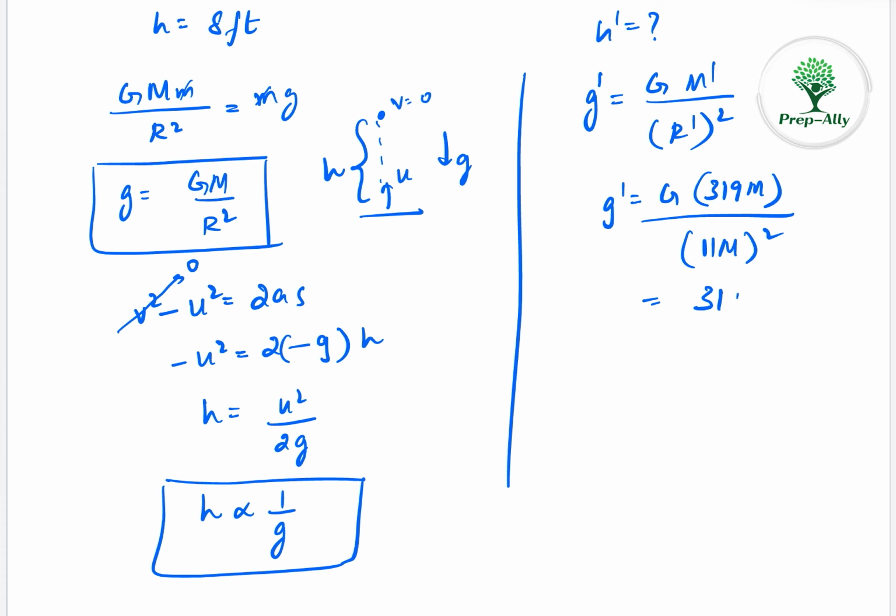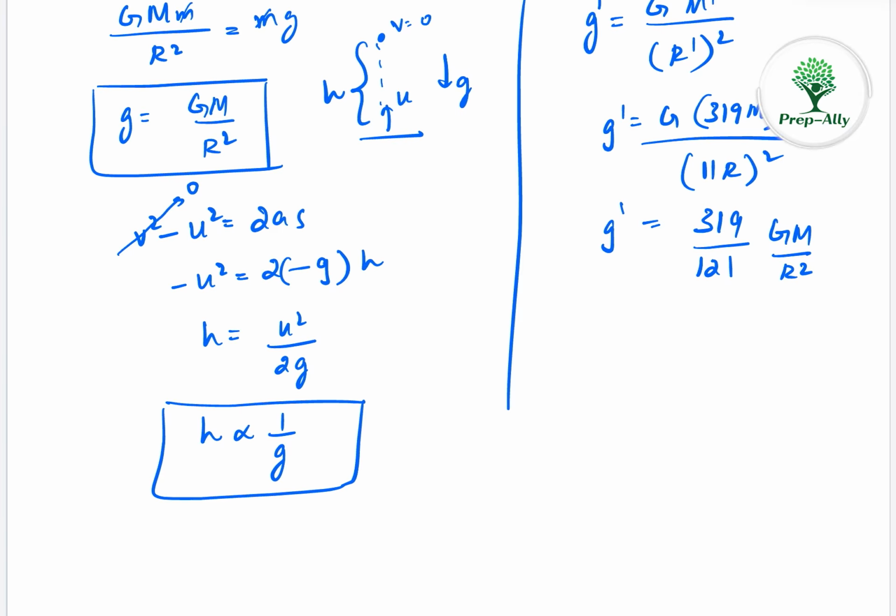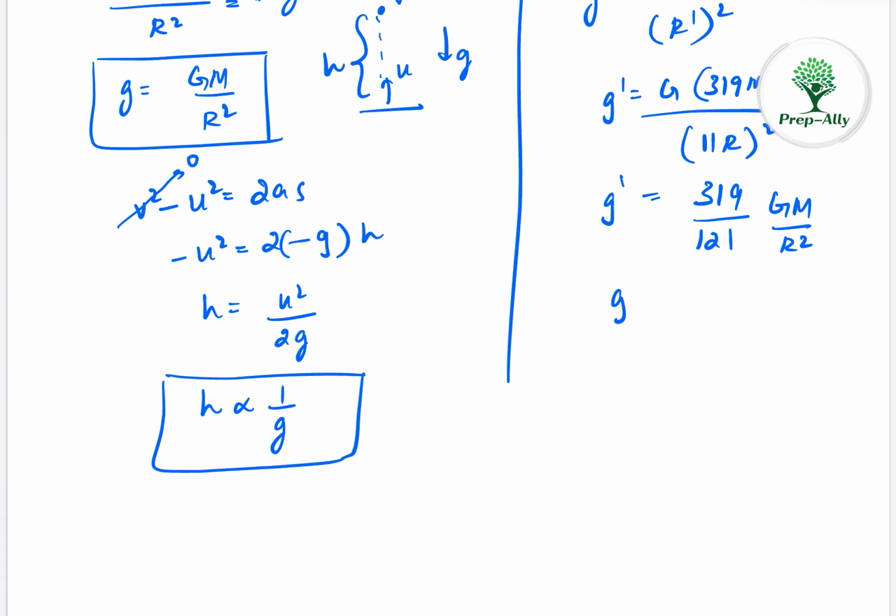That is 319 by 121 GM by R square. But then we already see that GM by R square is g. So this is 319 by 121 into g.